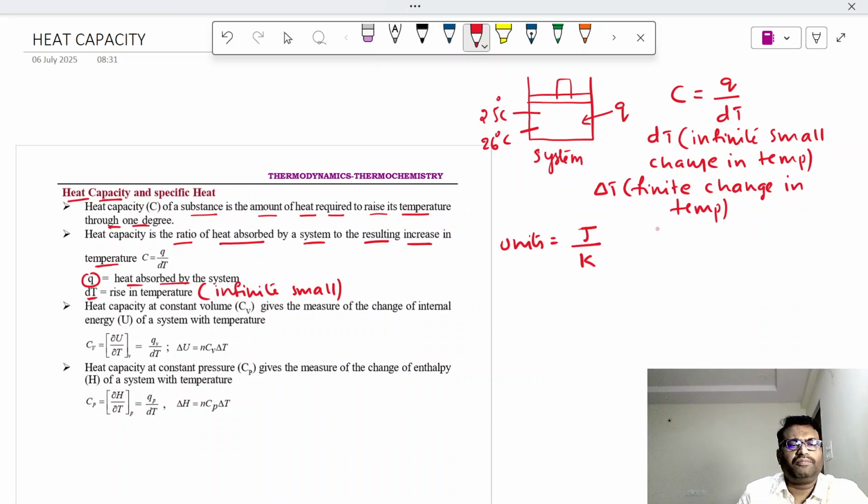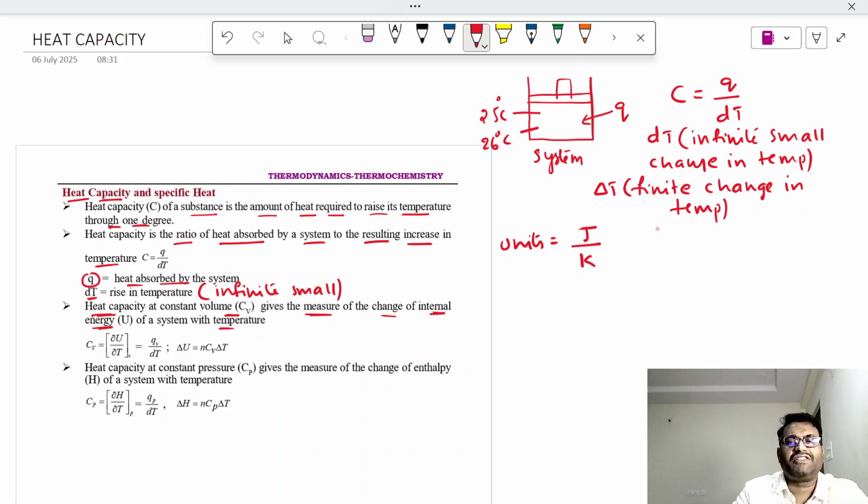Then heat capacity at constant volume. We are taking at constant volume. It gives the measure of change in internal energy of the system with temperature. Okay, heat capacity at constant volume.